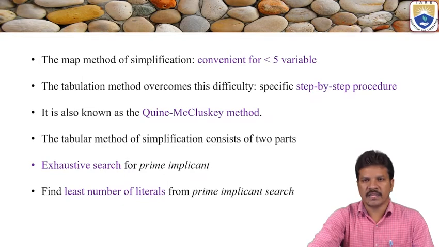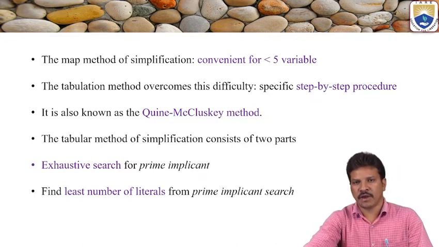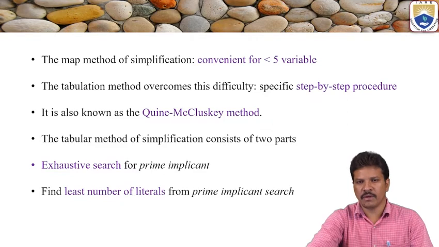This tabulation method was first applied by Quine and then updated and modified by McCluskey, so it is also known as the Quine-McCluskey method. The simplification process consists of two parts. The first is an exhaustive search for prime implicants, and then finalizing the minimum number of literals from the prime implicant table.